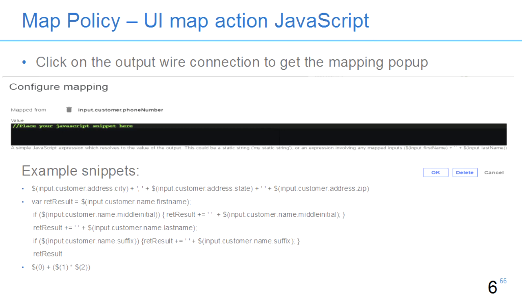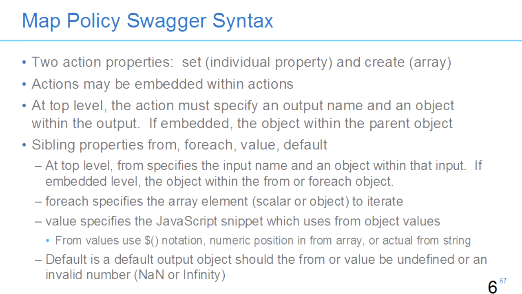In this case, I'm adding it. I think the actual use case that this came from was where I might be multiplying a quantity times a price of each individual array element and adding it to, if you will, almost like an accumulator. So the end result of this will be the sum total of all the array elements, items times price. We'll see some more examples of that here as we get into more detail.